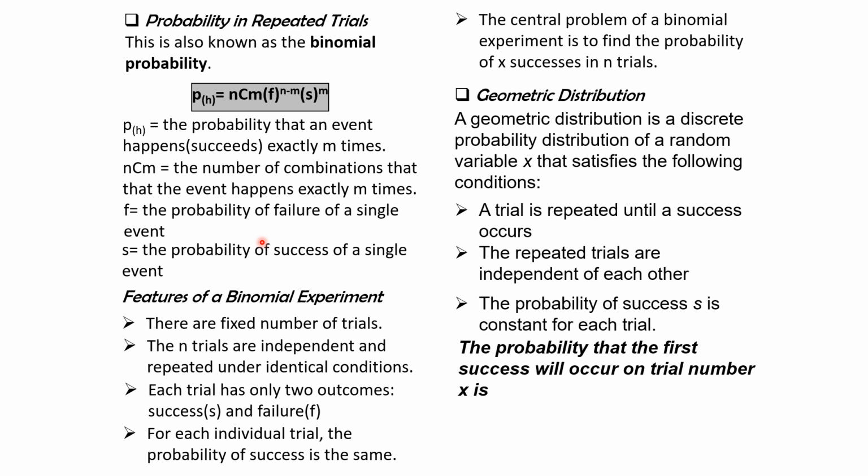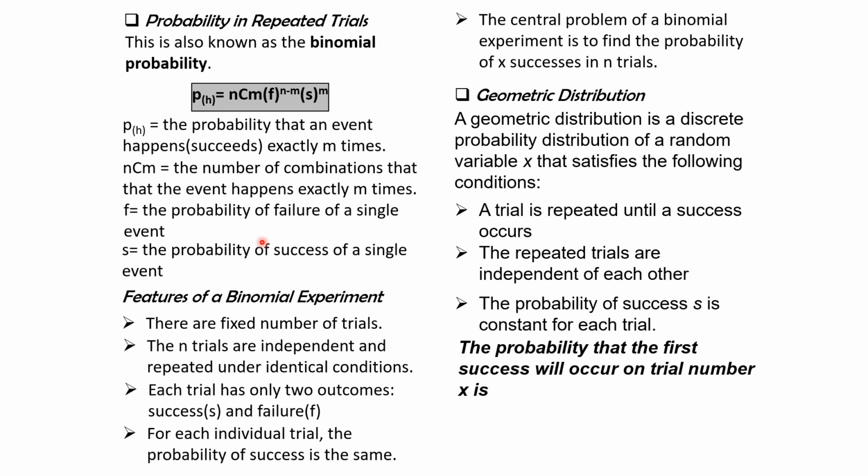So that's why the formula makes sense. We're going to interpret it, do not memorize. This is the explanation: before an event occurs as a success, there will be X minus 1 failures. So that's why the probability of failure, which is 1 minus S, is raised to X minus 1.